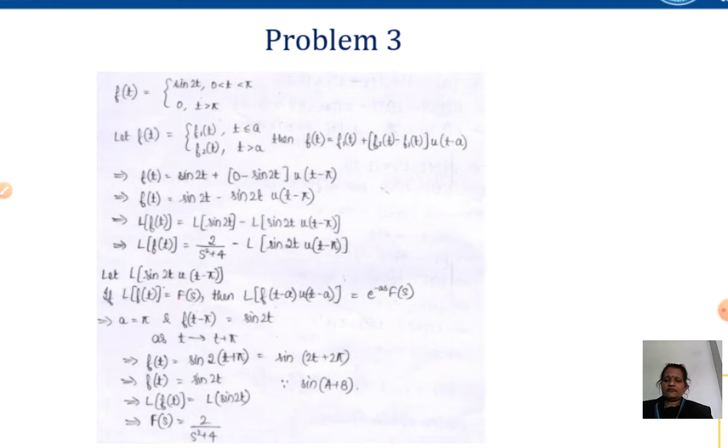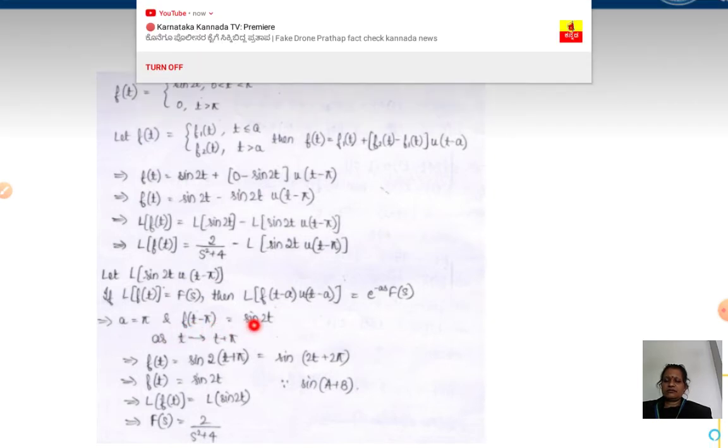So here L of f of t is f of s, means L of f of t minus a into u of t minus a is e power minus as into f of s, where here a is pi, so f of t minus pi will be sin 2t.